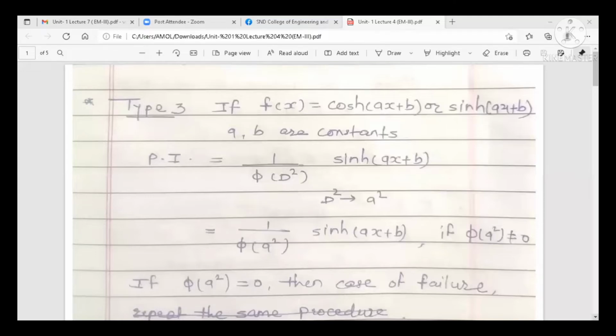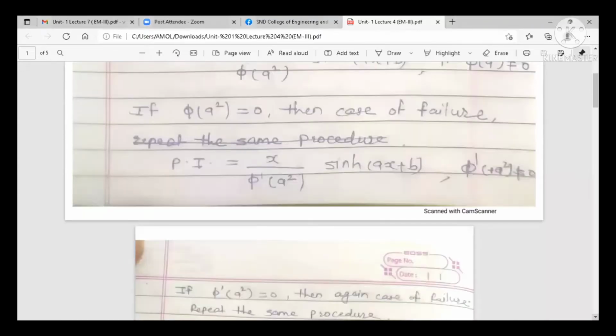If it is the case of failure, then to get the PI, you multiply the numerator by x and take the derivative of the denominator. The derivative of φ will be φ'(D). In that φ'(D), you replace the terms of D² and not the terms of D by a².